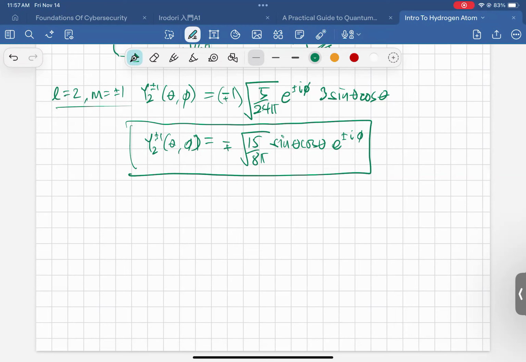And dapat equal yun sa 1, kasi yung probability na makikita mo yung particle over all space should be equal to 1. The particle should be there. Otherwise, ano pang silbi ng pinag-uusapan natin, right? Kung wala naman yung particle doon, bakit natin pinag-uusapan, right?